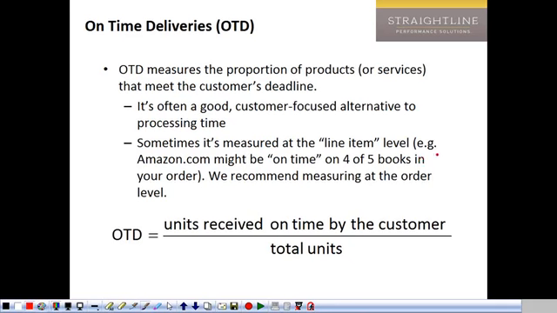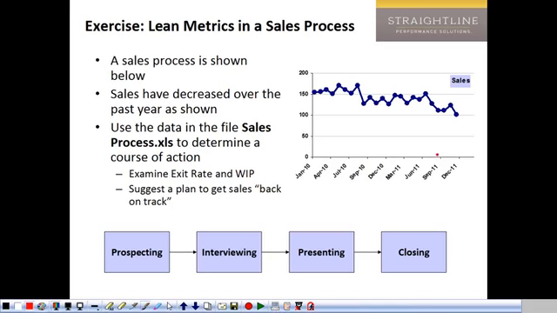So Amazon, for example, if you ordered 5 books, they may count 4 out of 5 as on time if they ship 4 of the books to you and they let that 5th one slide. That may make sense. It may not. Generally speaking, I think you would want to err on caution and count that as not an on-time delivery. But there could be exceptions to that.